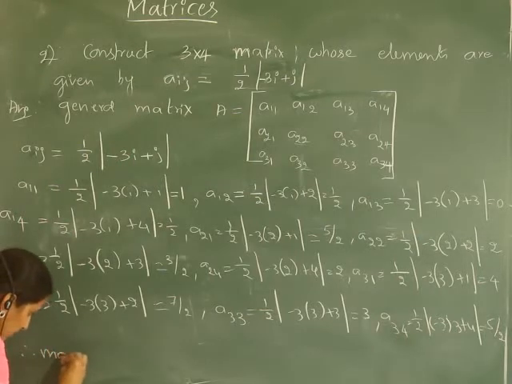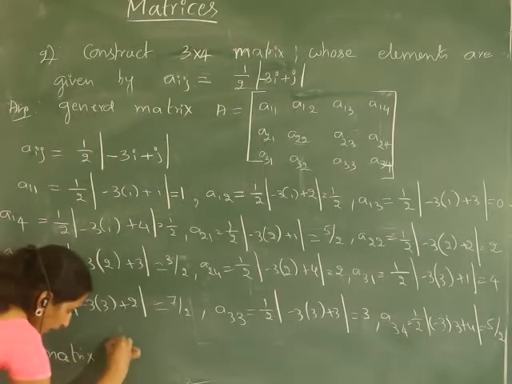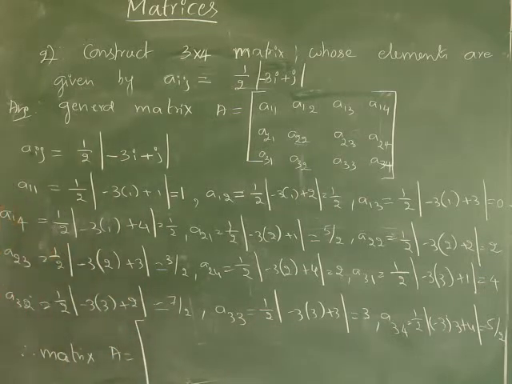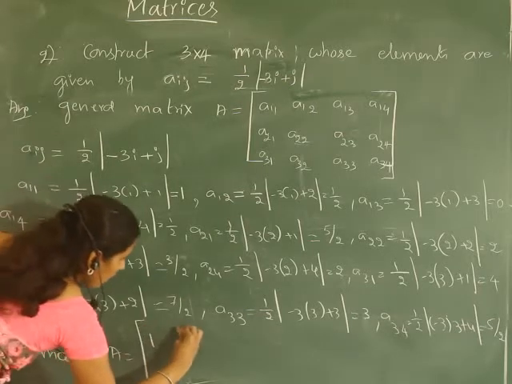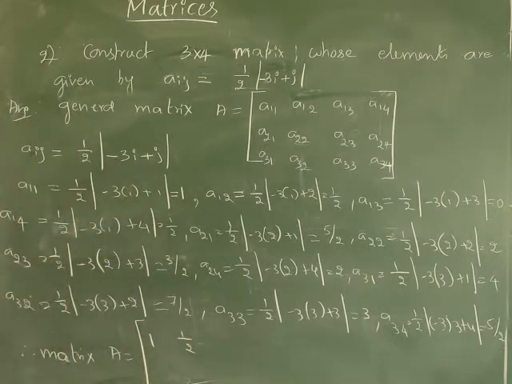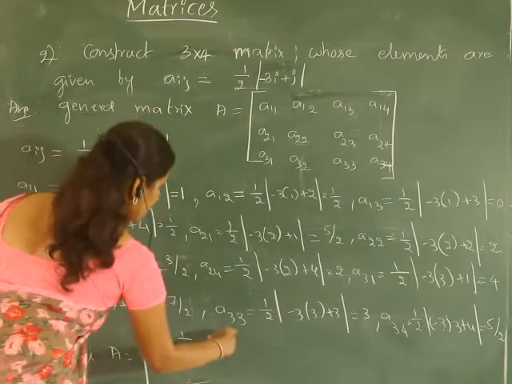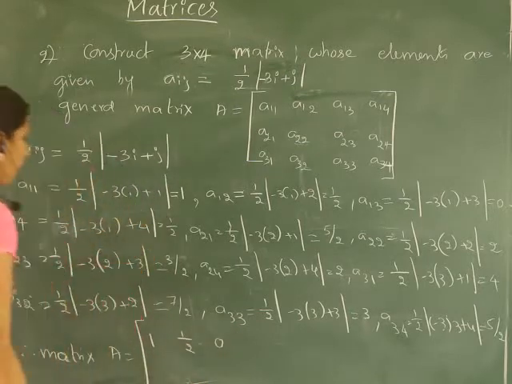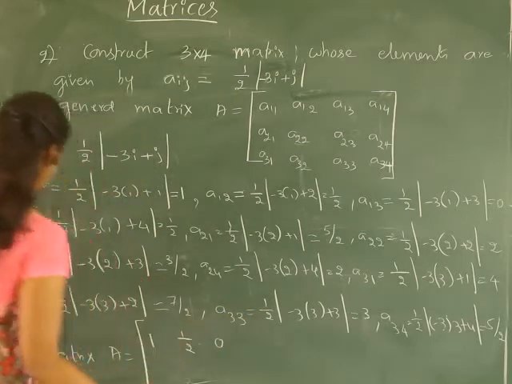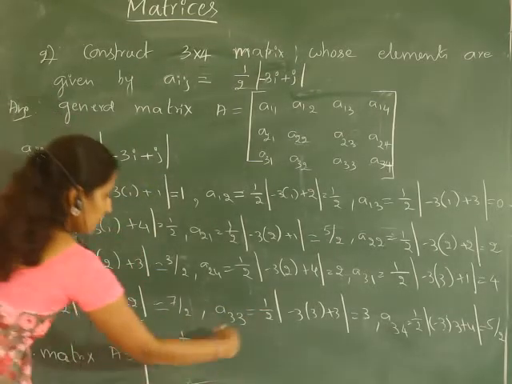Therefore, matrix A is equal to: 1 half, 0, 1 half, 0, then half.